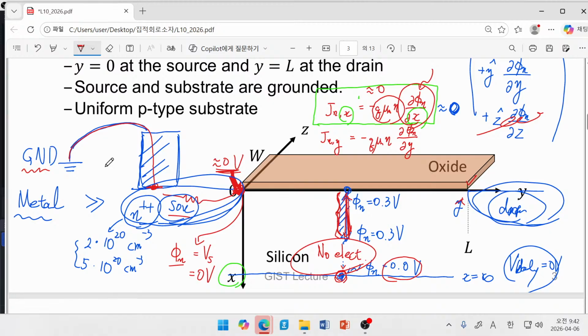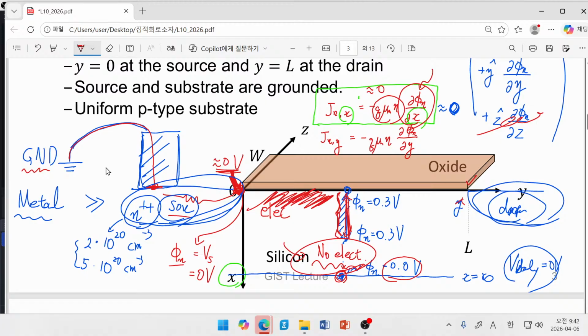That is the point. Now, in this MOS case, when you apply your device in its weak inversion or strong inversion region, you have a relatively high density of electron gas. And in this deep substrate, you have almost vanishing electron density. So your MOS system can be divided into two parts.